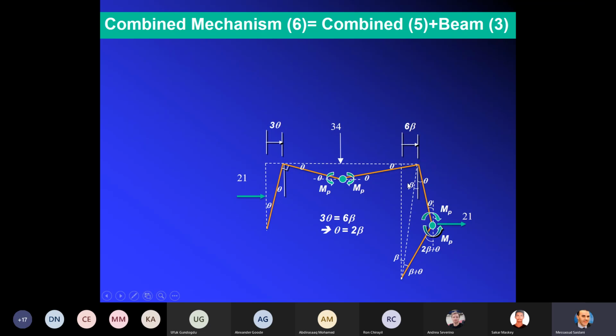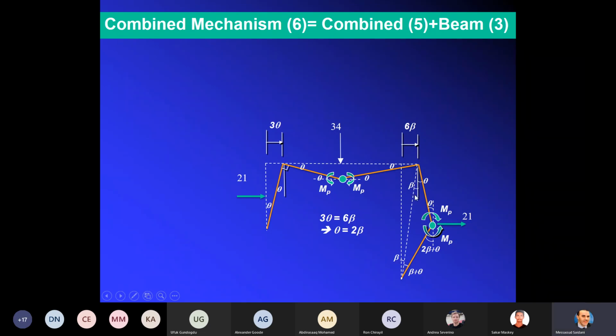Then, because there is no hinge forming at this corner and it remains rigid, the angle theta here is the same as the angle theta there with the vertical. You see the vertical line here, we have theta and theta, okay? Now, from the sway mechanism, this is beta.